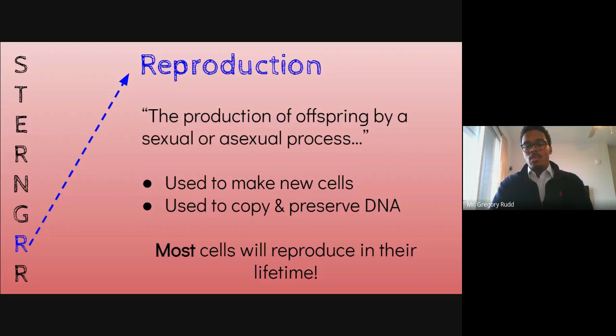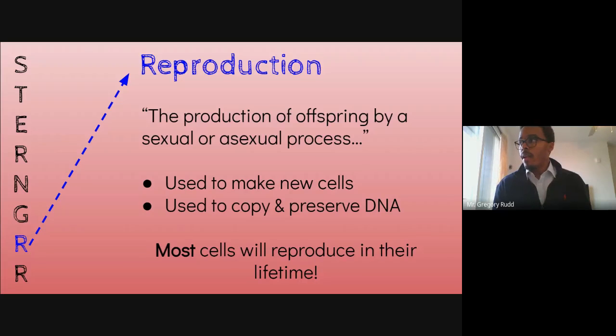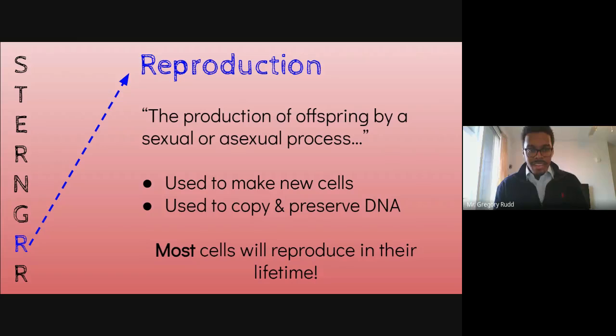Does anybody know what the difference between sexual and asexual is? Isn't asexual kind of like making a copy of yourself in a way? Okay, yeah. And Josue, were you going to add something? Yeah, asexual is kind of like making a copy of yourself. Yes, that's true.